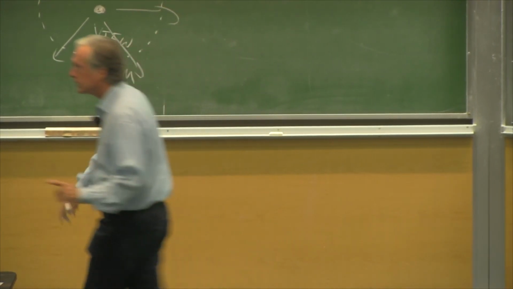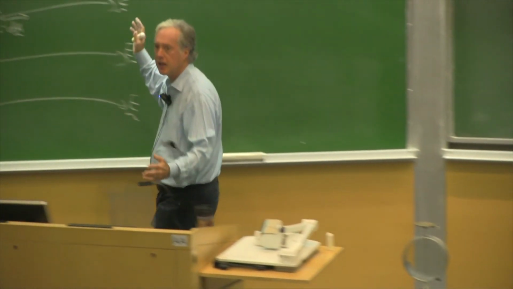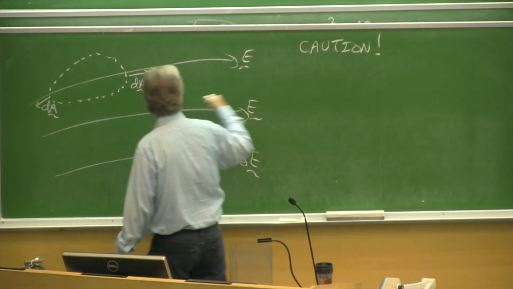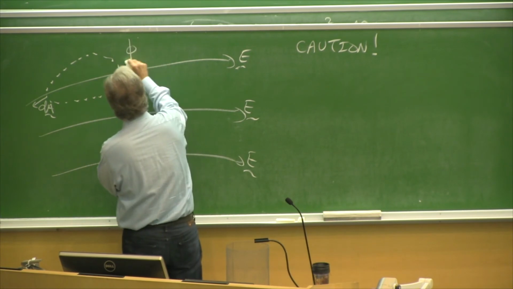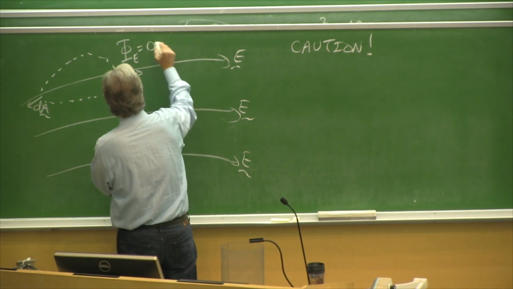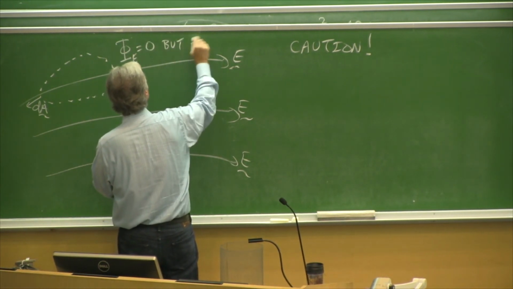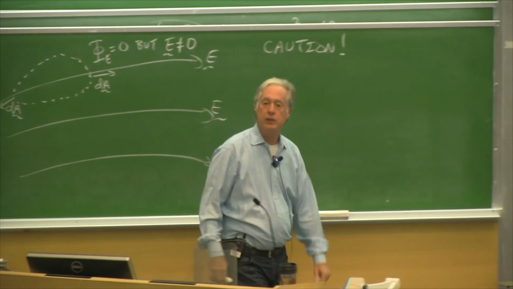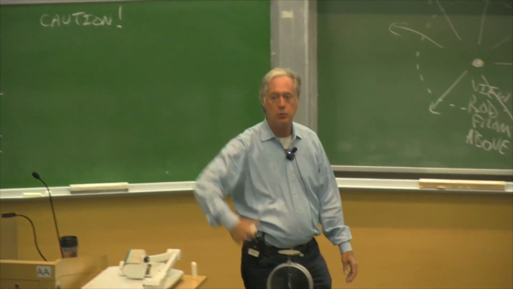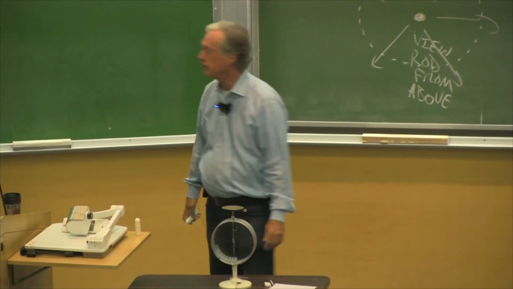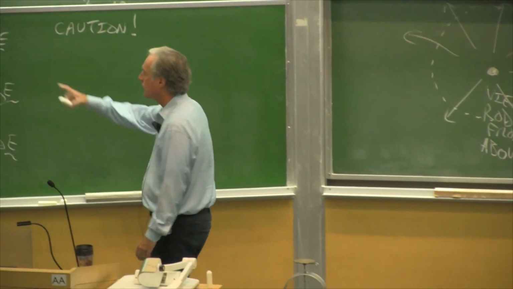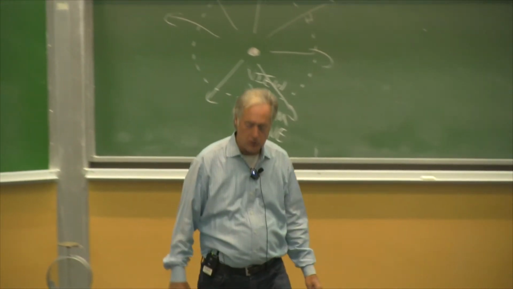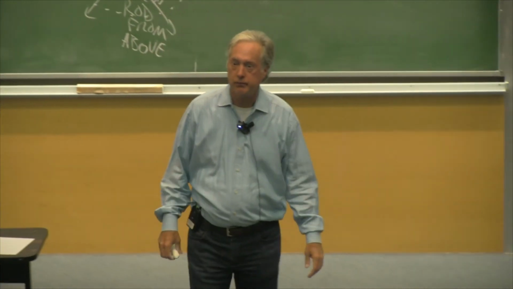You could have had the electric field made by something outside where your surface is. So here we have electric flux equal to 0, but E is not equal to 0 because the charges that made the electric field were not inside that surface. So this tells you the contribution to the electric field by the enclosed charges.